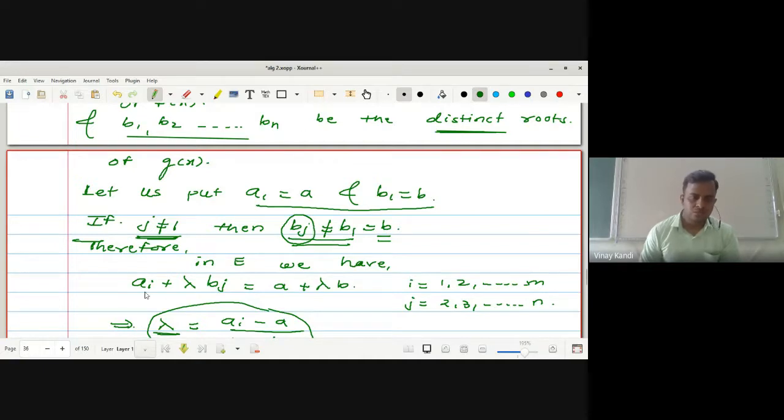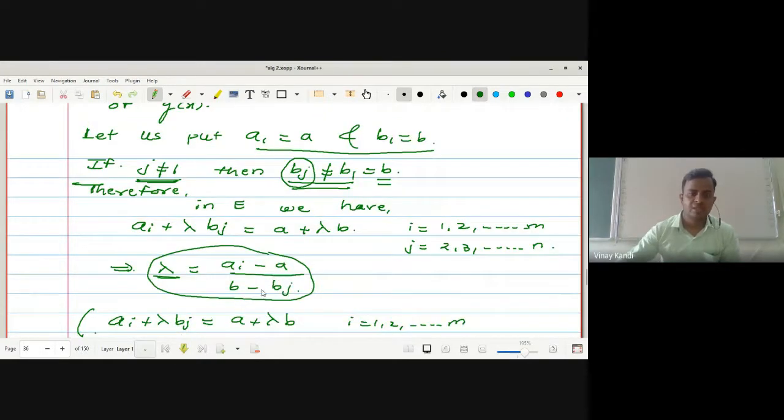So now assume in E we have ai plus lambda bj, which is equal to a plus lambda b. This implies lambda is equal to ai minus a upon b minus bj, for i running from 1, 2, 3 up to m, and j running from 2, 3, 4 up to n.